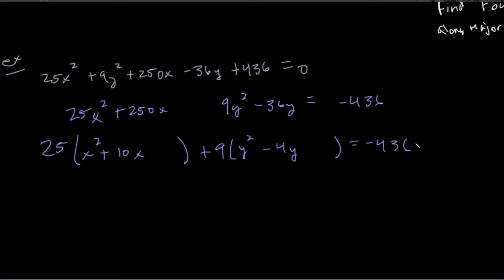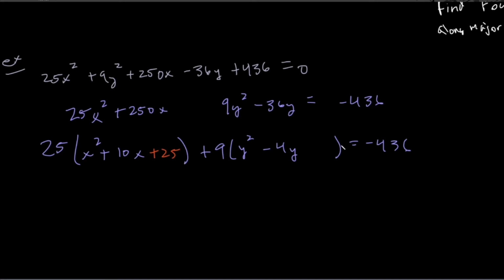So let's complete the square here. If I want to complete the square, 10 divided by 2 is 5. Square it, you get 25. If I want to complete the square here, negative 4 divided by 2 is negative 2. Square it, you get 4. But we didn't just create 25 and 4 units.